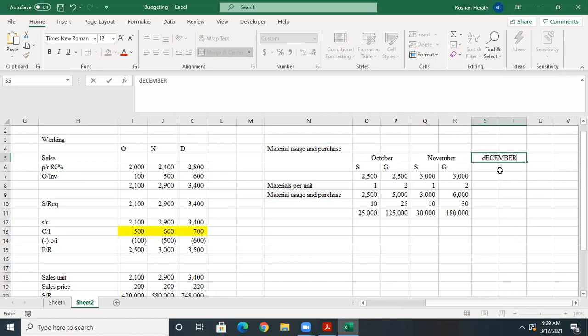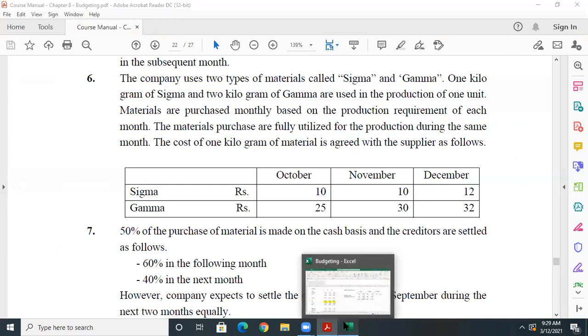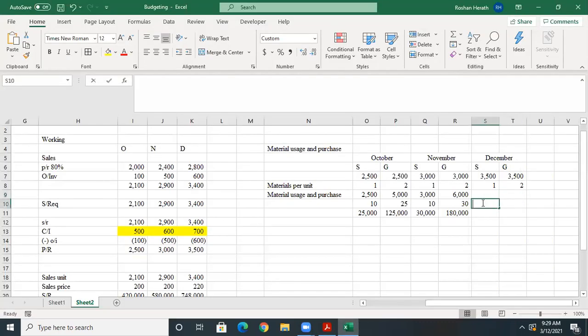You can start with the production requirement. Production requirement is 3,500 and 3,500. It takes 1 and 2. So the price, 12 and 32. So it's ever increasing, no? 12 and 32.